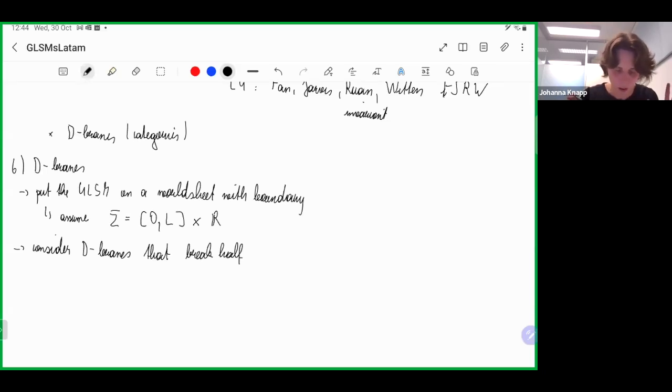What I say is certainly true for genus 0 and for the strip. And if you want to make sense on higher genus, you should also put a topological twist. And for the D-branes I'm going to discuss, the topological twist will not remove any D-branes. So the D-branes that I will consider are also topological D-branes. Okay, thanks for this question. Okay, so we want to break half of SUSY.